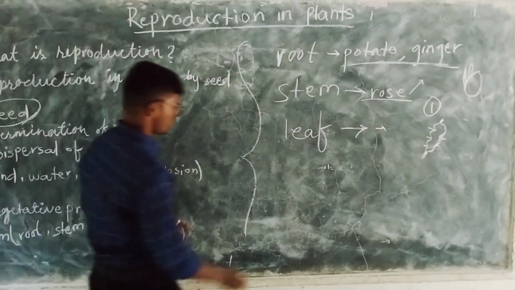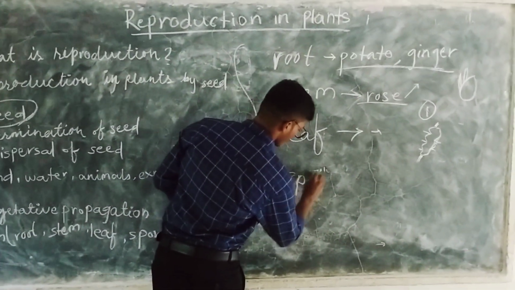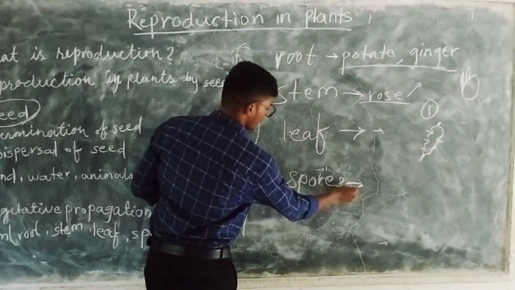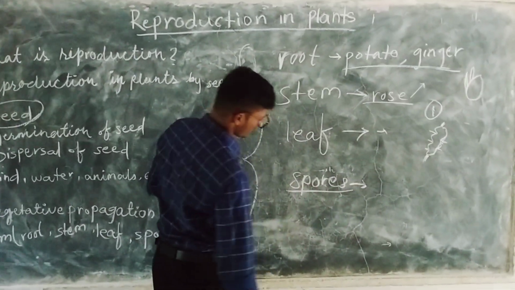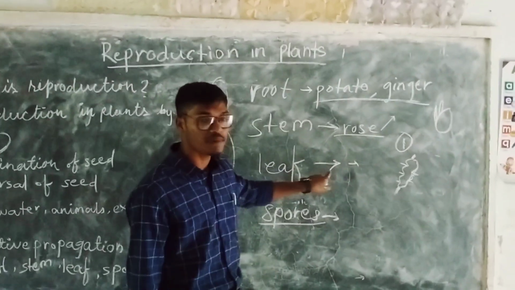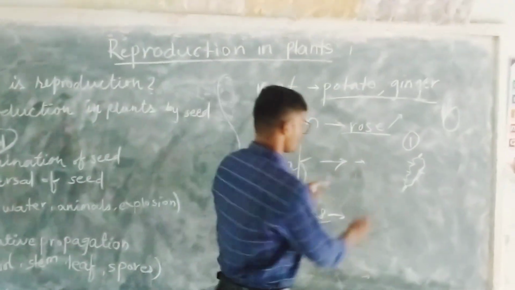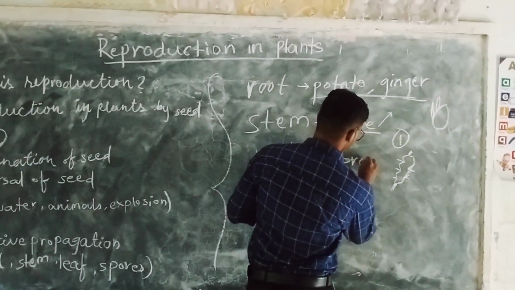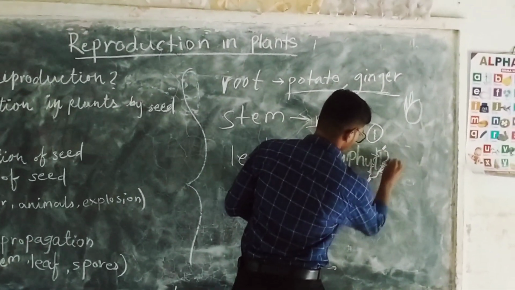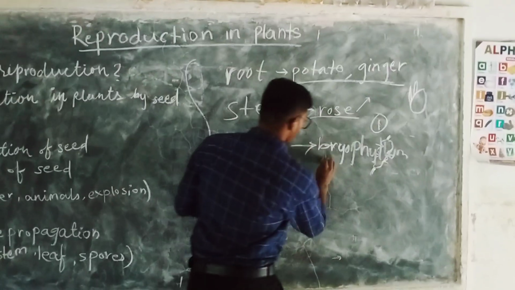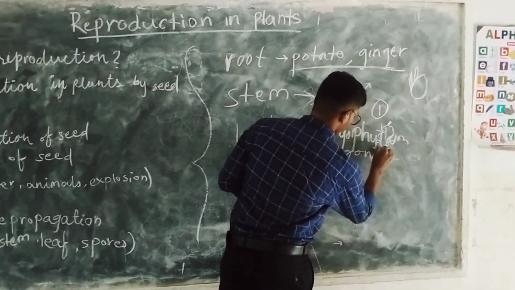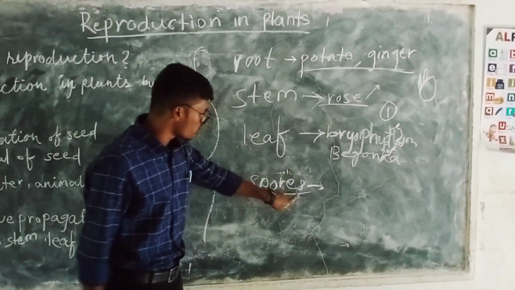And spores. Before this, for example, let us take one name. This is bryophyllum and begonia also. And spores.